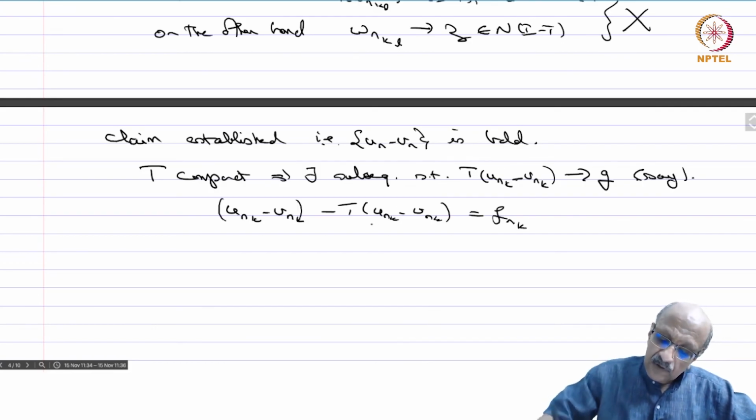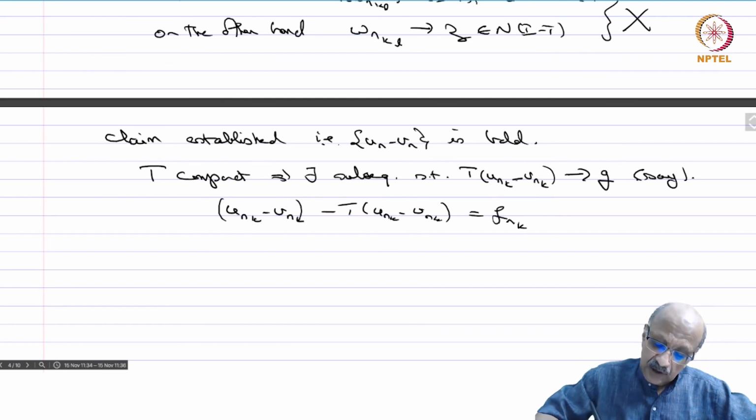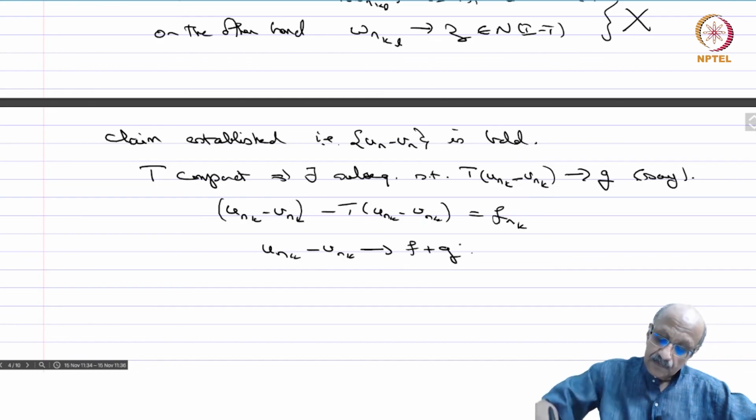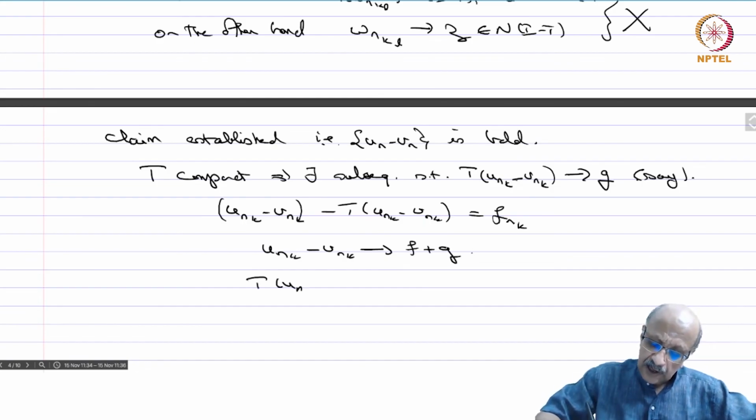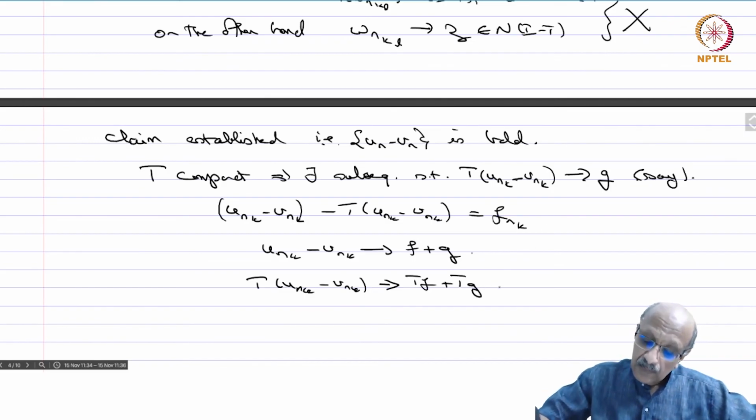So this converges to f, this converges to g, so Unk minus Vnk should converge to f plus g. So T of Unk minus Vnk should go to Tf plus Tg, and that is equal to, but it also goes to g, so this is equal to g.